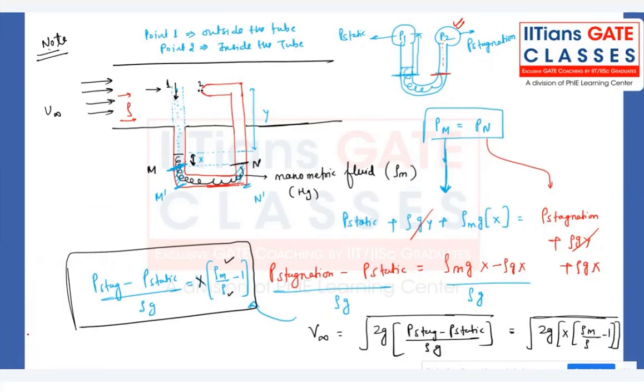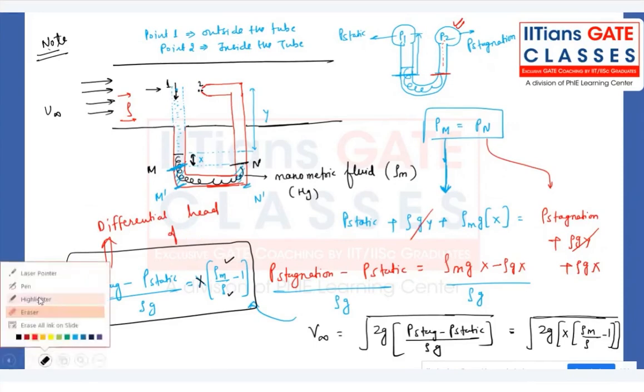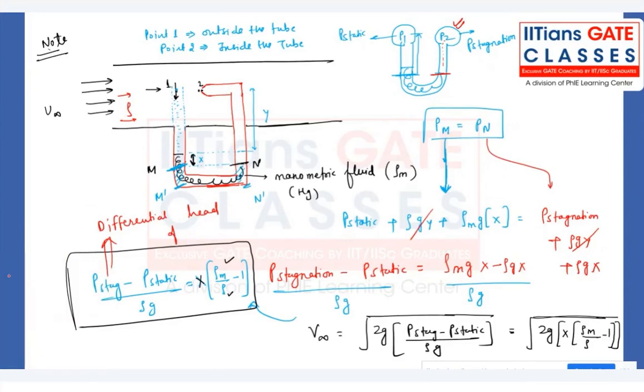Once it is done, let me know. This is also called the differential head of the pitot static tube, because we cannot directly call it a manometer. We have bent it something like this, we are not placing it like this. So now this is not a manometer. It is a pitot static probe, pitot static tube.